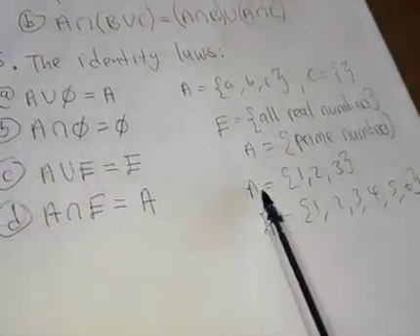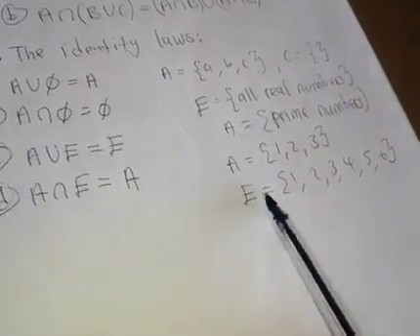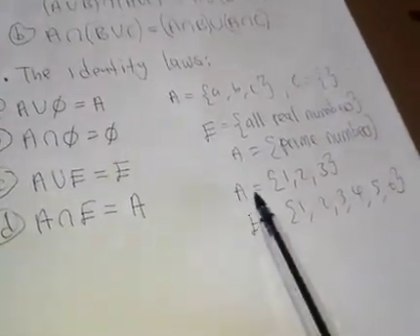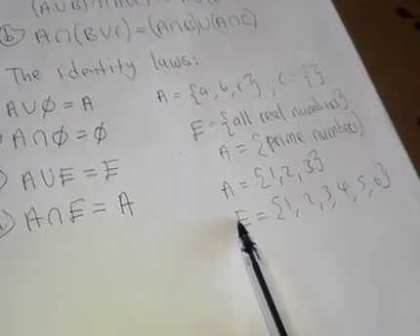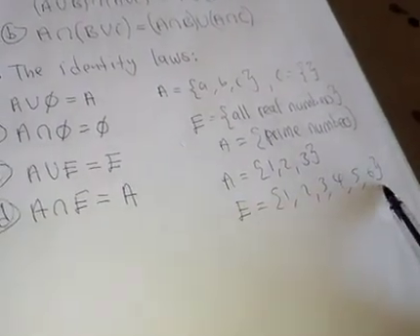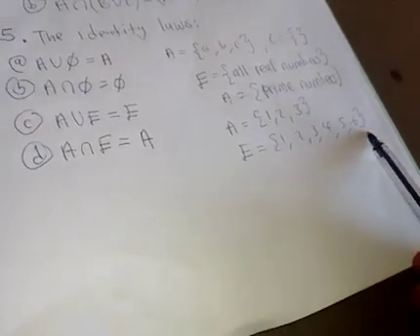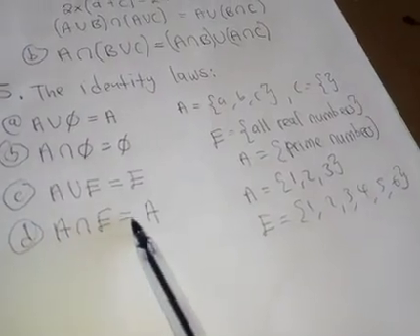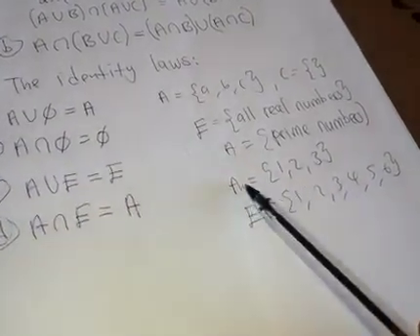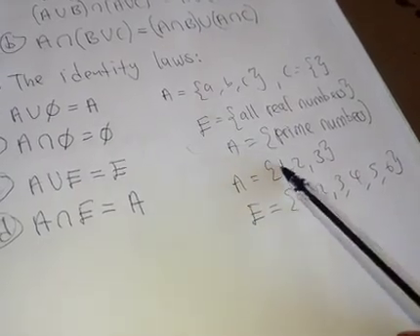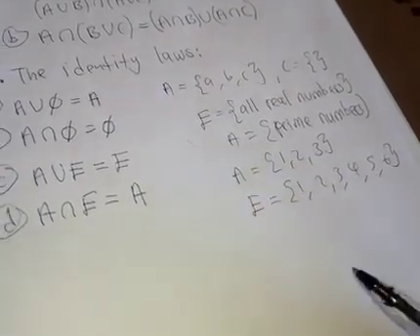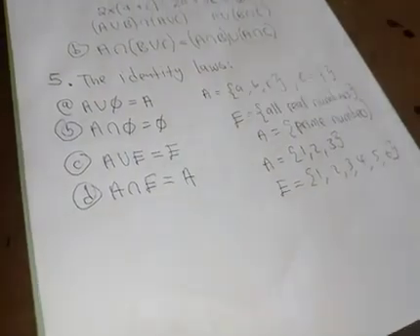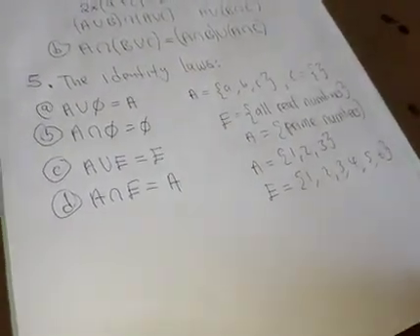If we put A and the universal set together, you find that you get the universal set, since we can't repeat the elements, they have to be distinct. Then A intersect E, the intersection of A and E, you find that it is A: 1, 2, 3. So these are called identity laws.